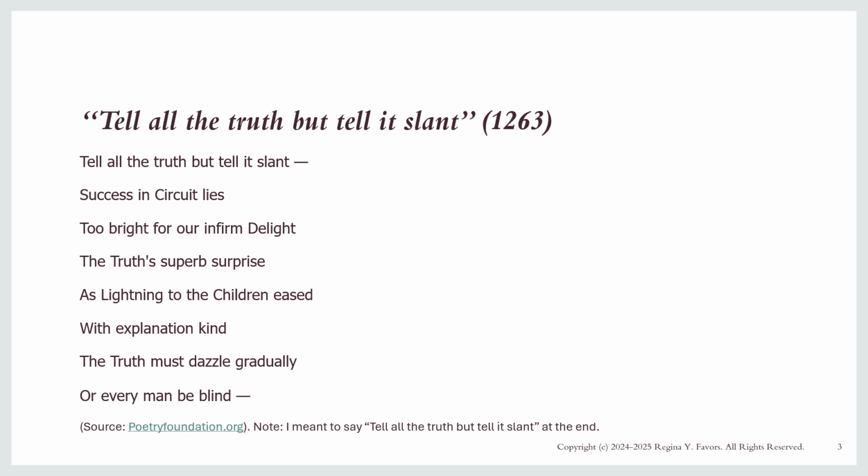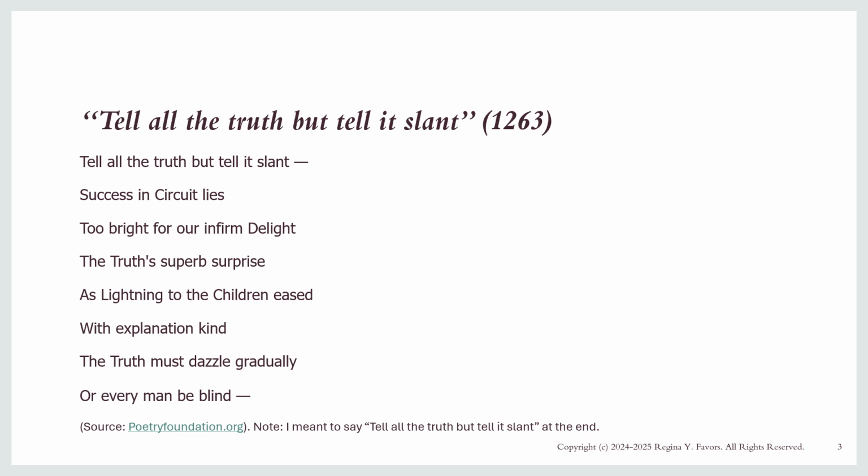the truth may dazzle gradually. You may have to tell it in different parts, but if you are kind in how you do it, they won't choose to be blind. Now, you can still tell all the truth, whether it's straight or slant, and a person can still choose to be blind. Think about the first part. The first four lines is sort of like a problem. Like there's a problem that you need to solve.